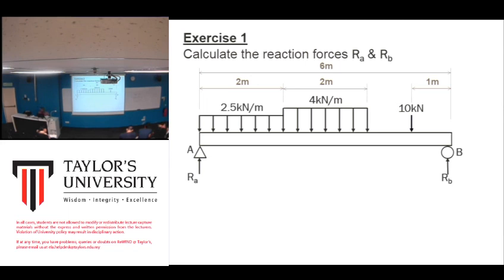Guys, clear? So what is RA and what is the value of RB?